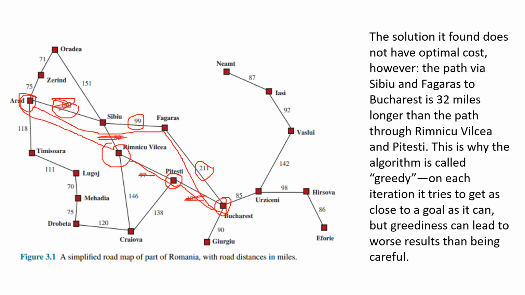This happens because the algorithm considers only the heuristic value h of n, which estimates only how close a node is to the goal, and ignores the actual path cost. For this reason, this algorithm is called greedy: at each iteration it chooses the node that appears closest to the goal at that moment. However, this greediness can cause the algorithm to miss the optimal solution, leading to worse results.